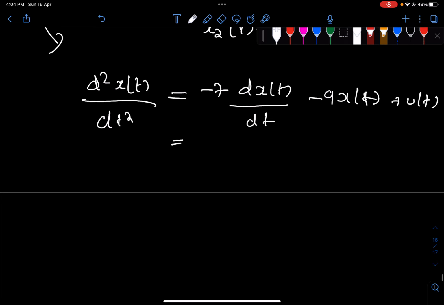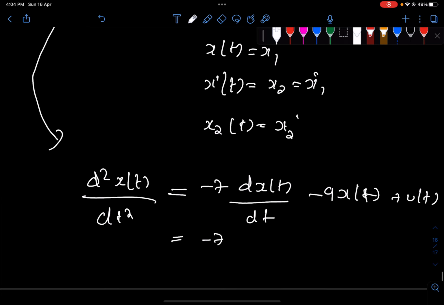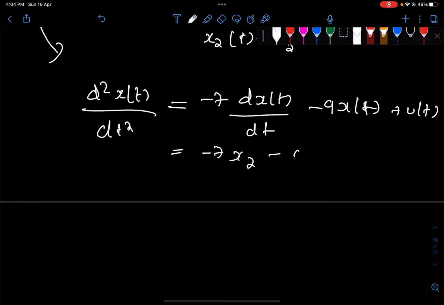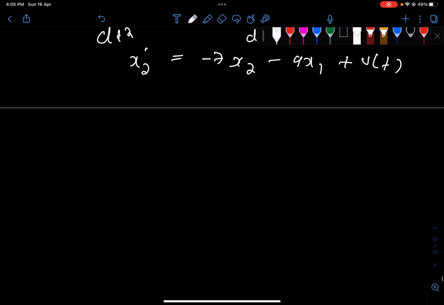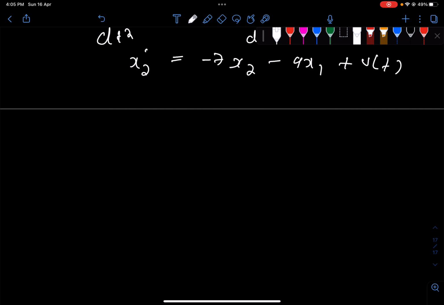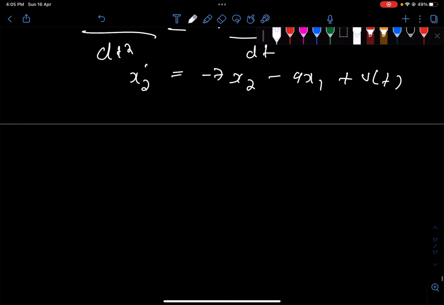So it is just minus 7 x2 minus 9 x1 plus u(t), that is what? x2 dot, right? We have substituted everything, right? The second derivative is x2 dot. So x2 dot is equal to minus 7 x2 minus 9 x1 plus u(t), and we know that x1 dot equals x2, right?